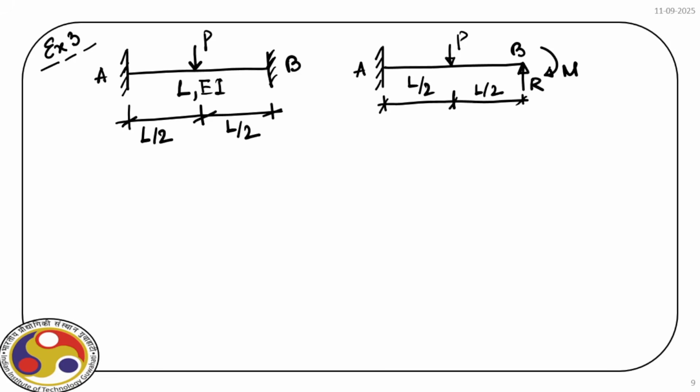Now for this problem, we can consider a section at a distance x. So Mx is equal to R times x minus M. Now, let this point, the midpoint, be C. So consider BC.